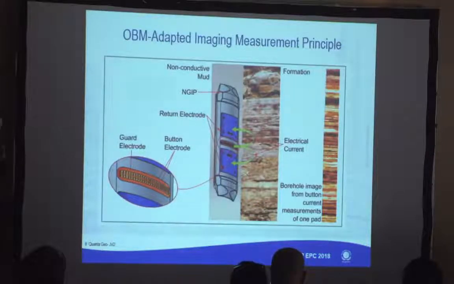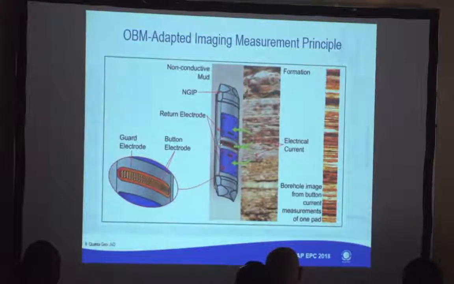How is that done? I'll show you, first of all, in generic terms, the physical measurement principle. So we have a tool, again, with a series of electrodes. An injector is injecting current into the formation, but the return is very short. The return is on the pad.